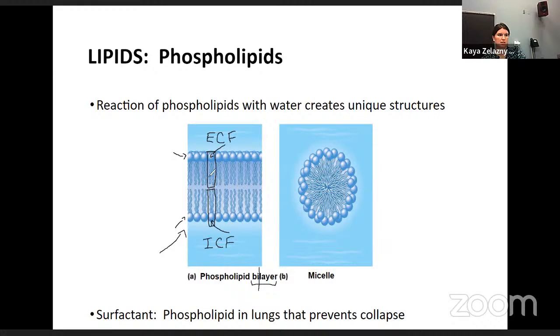In the center, we have two fatty acid chains pointing towards the center, and two more pointing to the center from the second phospholipid.